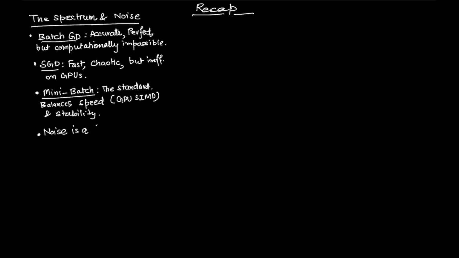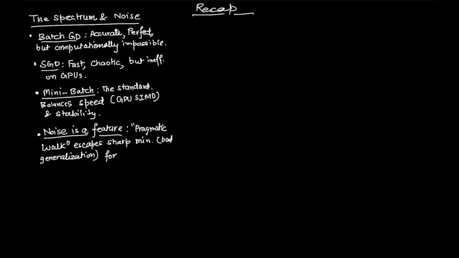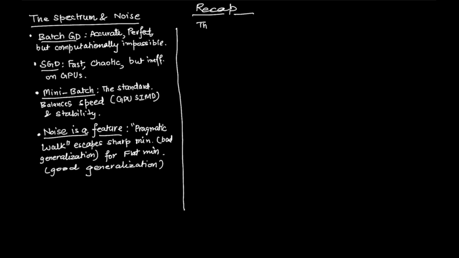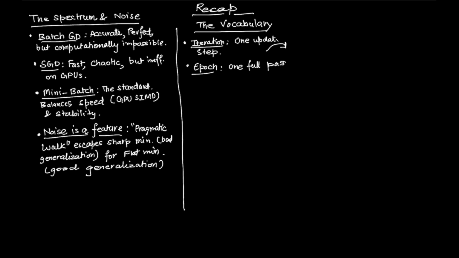Next, noise is a feature. The pragmatic walk of mini batch descent helps the model escape sharp minima or bad generalization and find flat minima or good generalization. And then we have vocabulary. We define iteration as one update step. We define epoch as one full pass through the data.